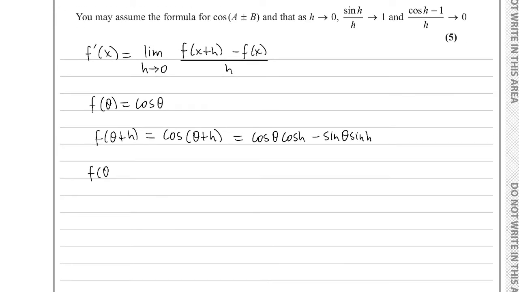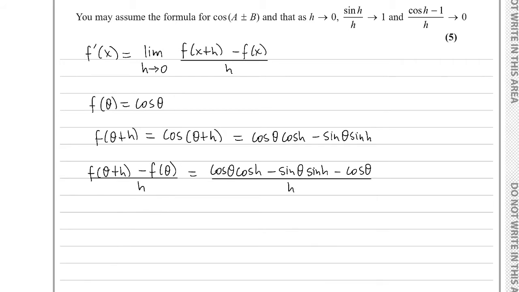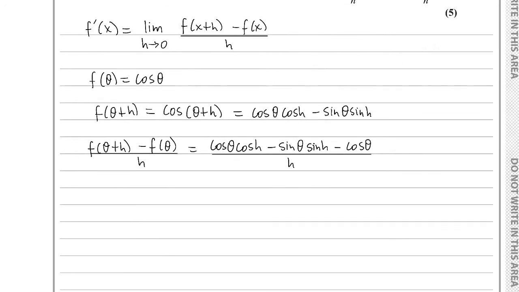So f of theta plus h minus f of theta over h will simply be cos theta cos h minus sine theta sine h minus cos theta and all over h. And the idea is to collect the cos theta terms together.